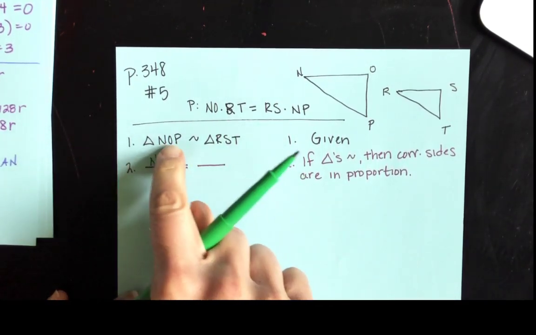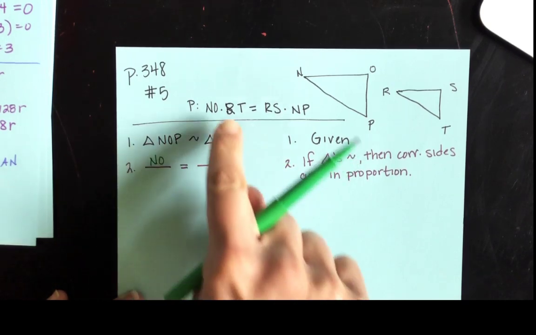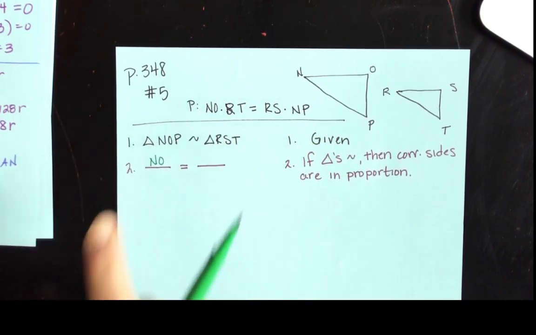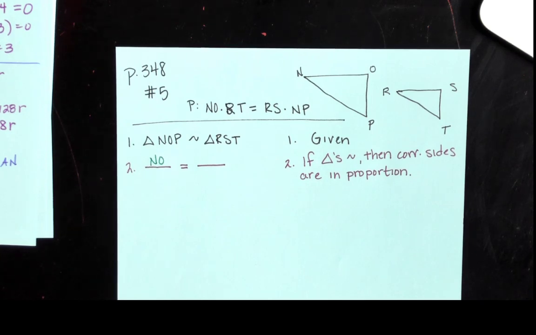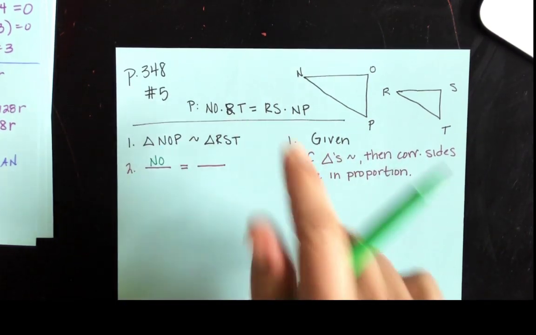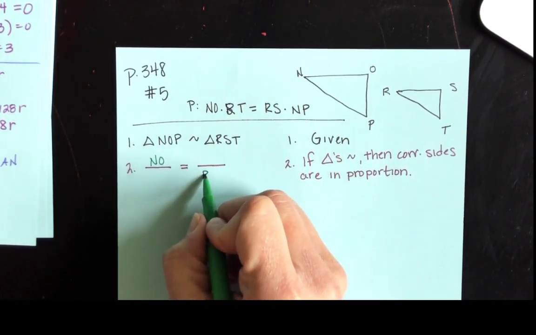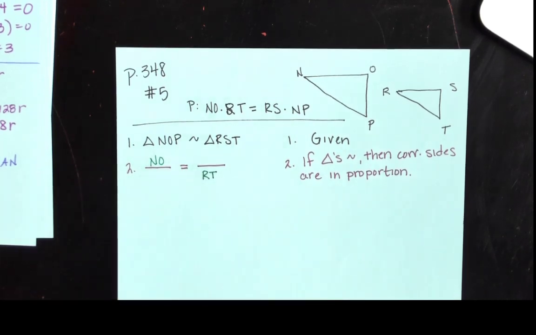Again, I'm just using the way this triangle was written. That guy was first, so let's just put him as the first proportional. And it's telling me in my proof statement that it's supposed to cross multiply with RT. So RT would have to go in the bottom.